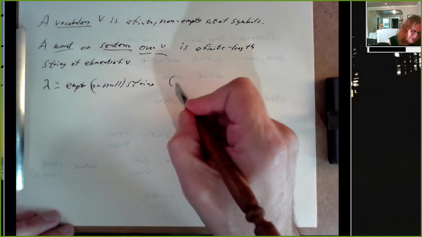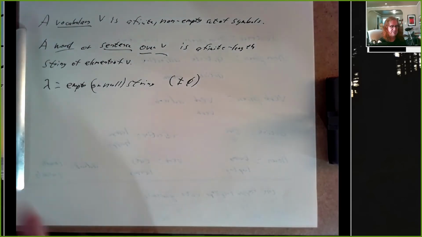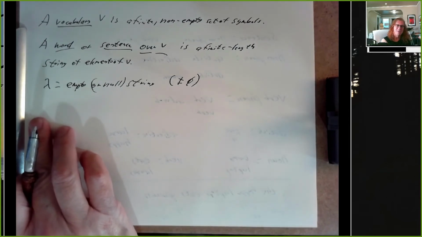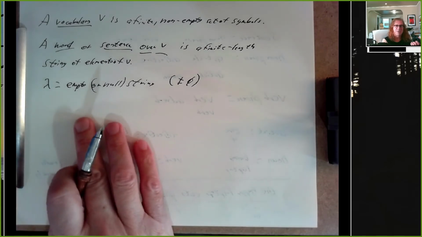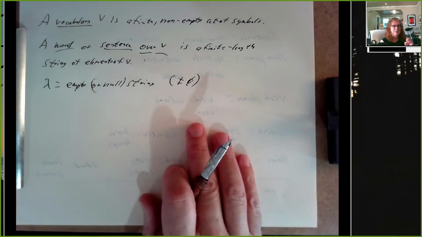Okay, and this is not the same thing as an empty set. Okay, this is a string. It's a finite length collection of elements of V. That collection might contain 0 elements of V. That's valid, but that's called an empty string or a null string. Okay, slightly different from an empty set.